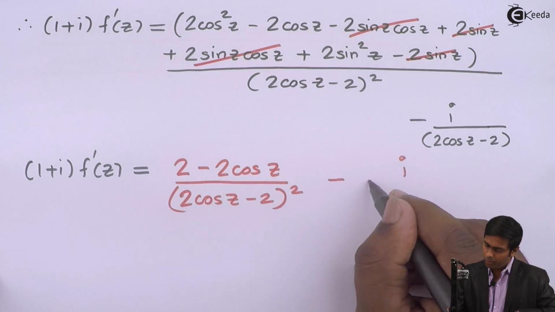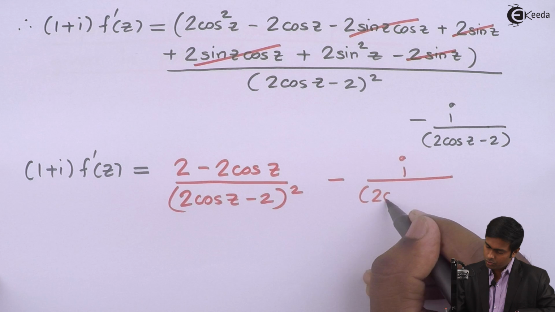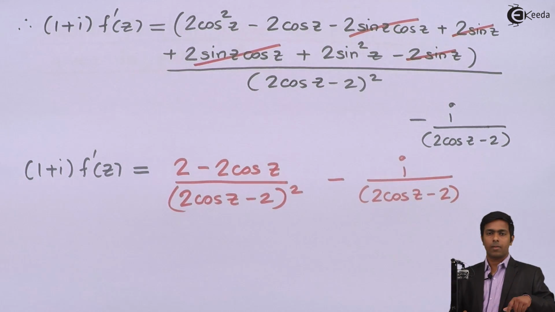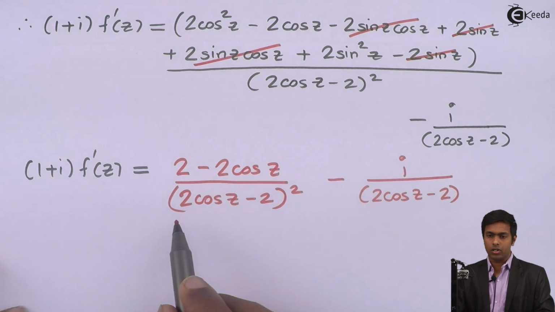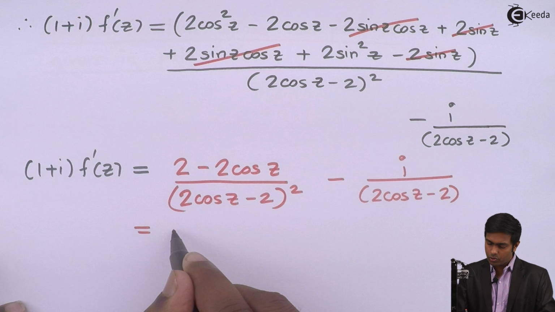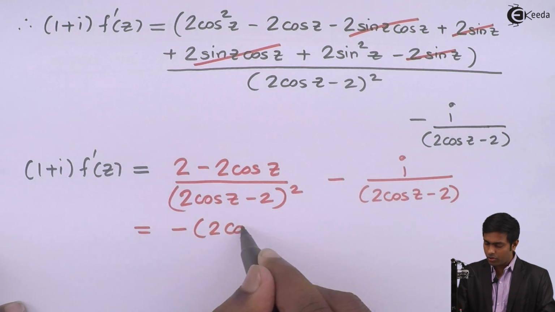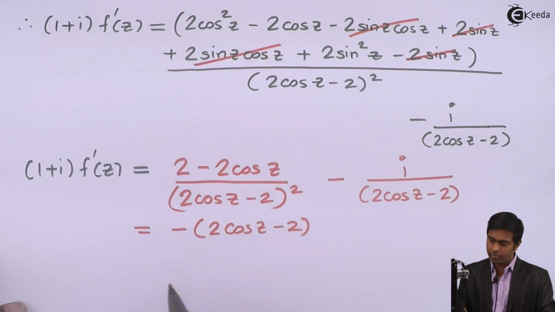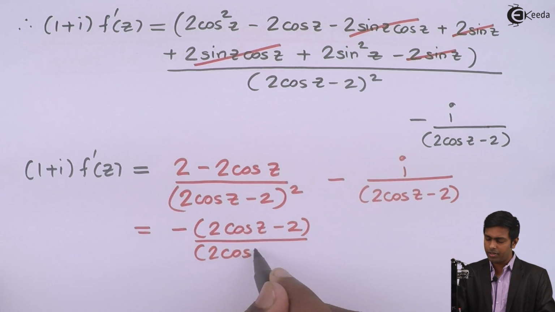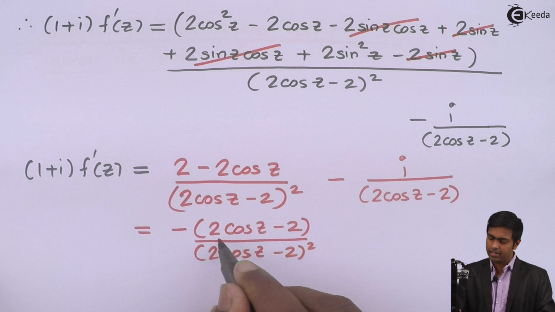minus i upon 2 cos z minus 2. Now from the first term, I will take the negative sign outside, so we will get 2 cos z minus 2 in the bracket, because in the denominator we have the same term and we can cancel it.